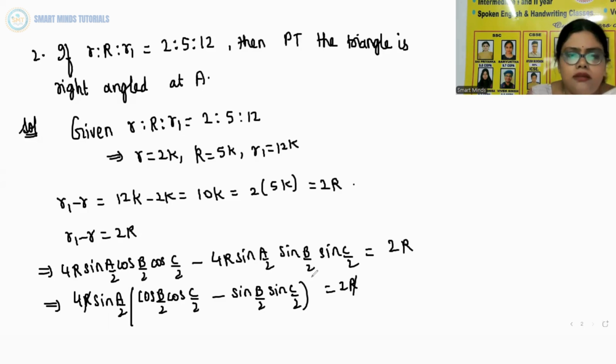R cancels, 2 ones are 2, 2 twos are 2. So you will get 2 sin(A by 2).